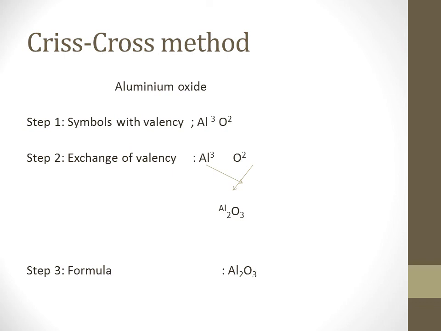Then it becomes Al2O3, and that is the formula. And if the valencies of both the elements or both the radicals are the same, you can cancel and simplify it.